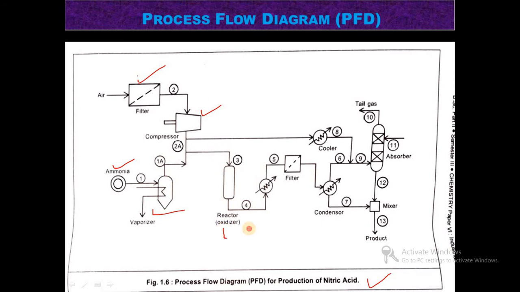This is a reactor, where by passing air it is oxidized, then another filter is used, then the cooler system and condenser system are represented by these diagrams, and after that the absorber and mixer give the final production of 60% HNO3, that is nitric acid. So for simplification, this process flow diagram is used at the industry level.